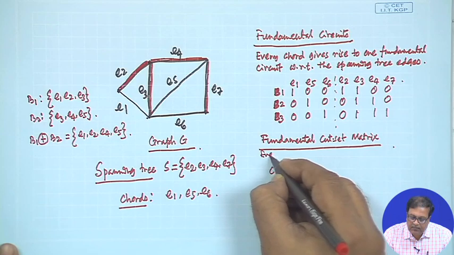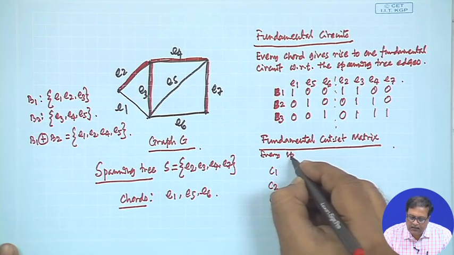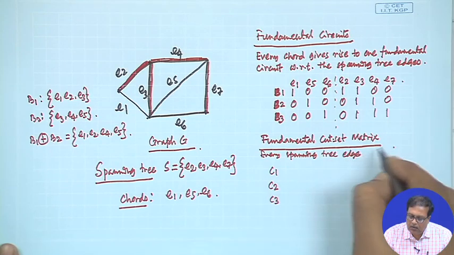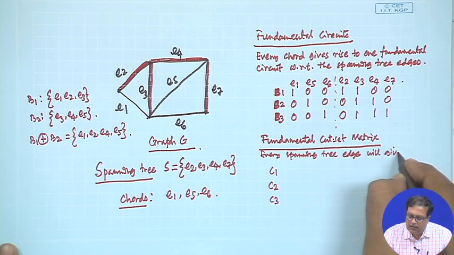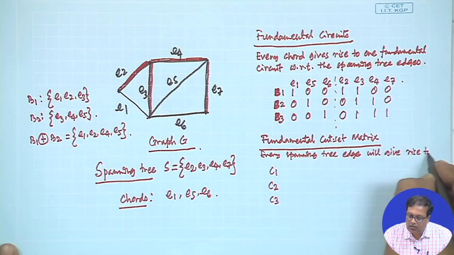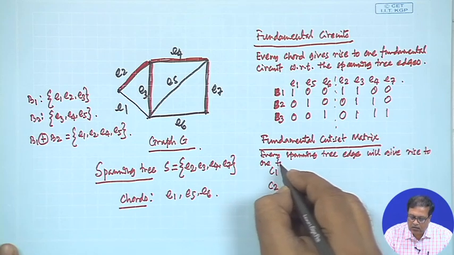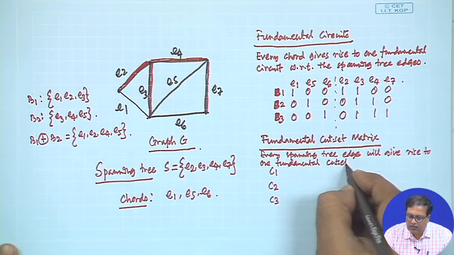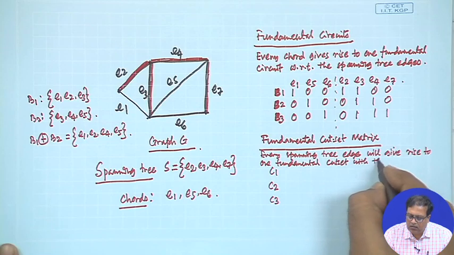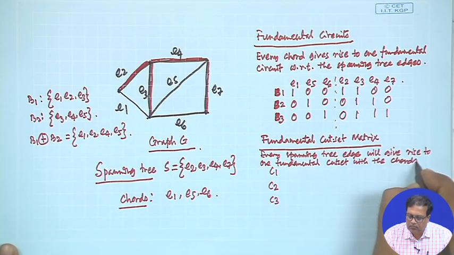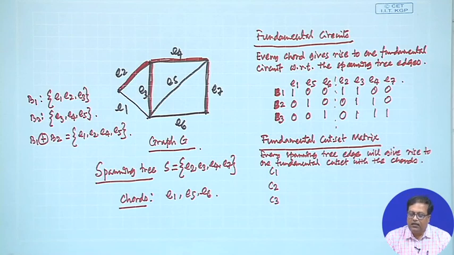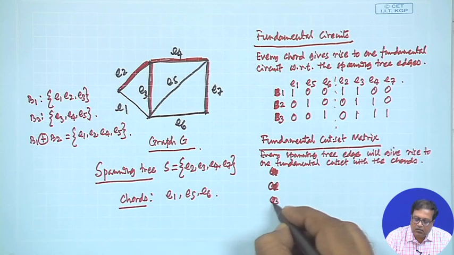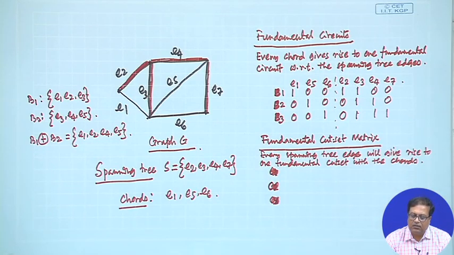Here every spanning tree edge will give rise to one fundamental cut set with the chords. All right. So every spanning tree edge will give rise to one fundamental cut set with the chords.